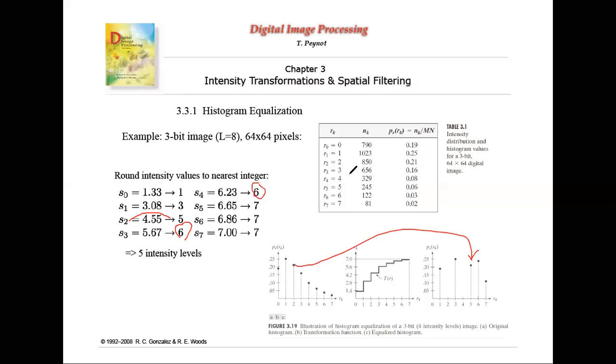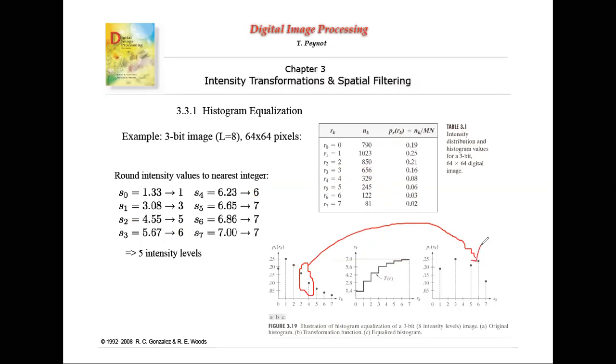So all the pixel intensities, all these pixels, 656 pixels with intensity 3, 329 pixels with intensity 4, those shall be replaced by this pixel with intensity 6. Okay, so this plus this, these two, those pixels with intensity 3 and 4 shall be replaced by pixel intensity 6.